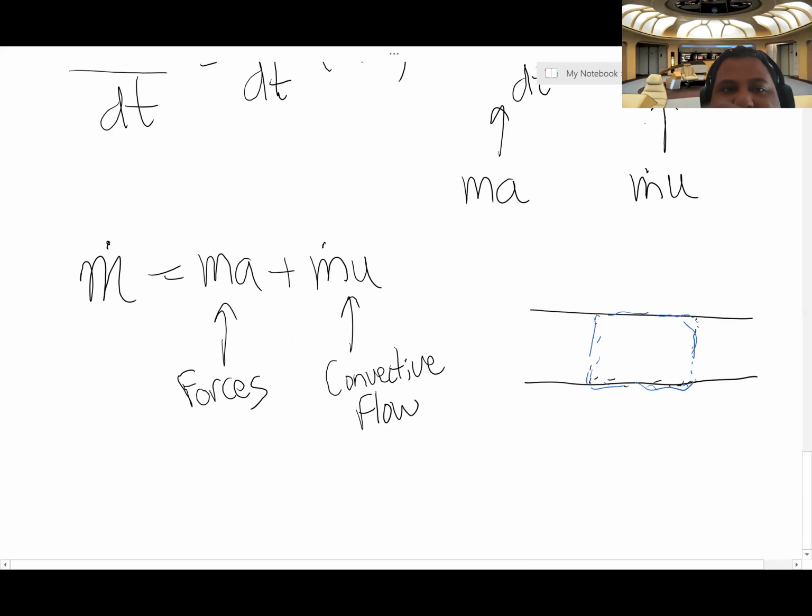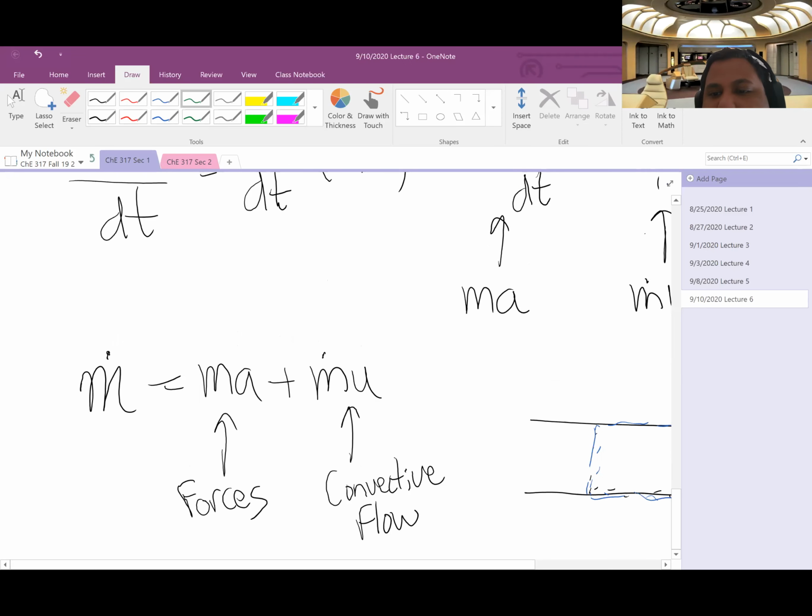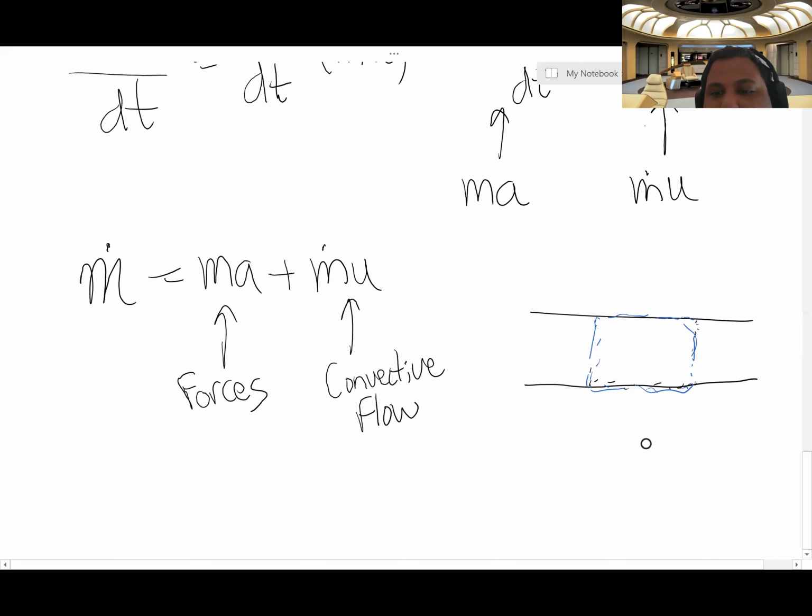I have to consider what are the forces involved and associated with flow moving in, flow moving out, as well as what are the forces associated with the fluid within the system, whether it be a function of gravity, and we can also consider what are the implications of pressure on the system.